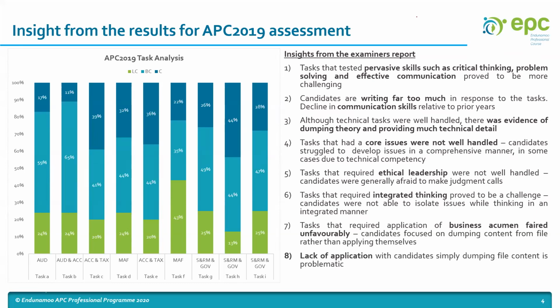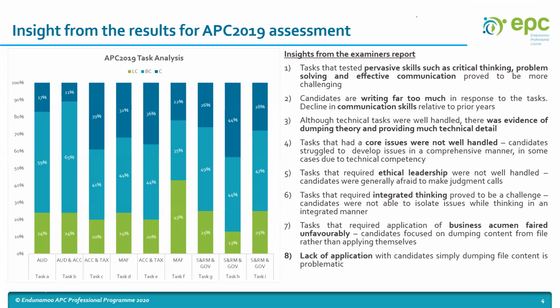So you need to really be clear about this: if I've got a problem with time management, if I find that I don't finish or I end up rushing some of the later tasks, then I need to ask myself, am I falling in category number 2, where they're saying that I'm writing far too much in relation to what is required?